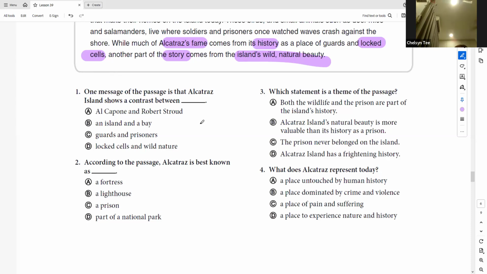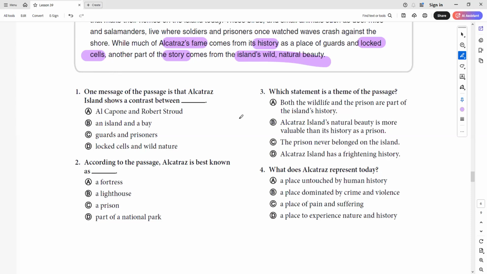One message of the passage is that it needs a contrast. 需要 contrast 就是什么？有些东西它很违和的，它是相互冲突的，OK？所以哪个东西是不对等的呢？是一个对比很强烈的对比。需要 contrast between what？Which part is show a contrast?